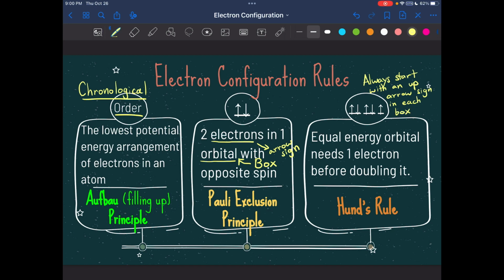I'm just going to say it in this format to help you understand what it means. So always start with an up arrow sign in each box. So make sure you have this information before I move on to the next section.